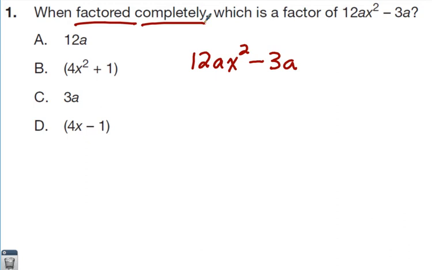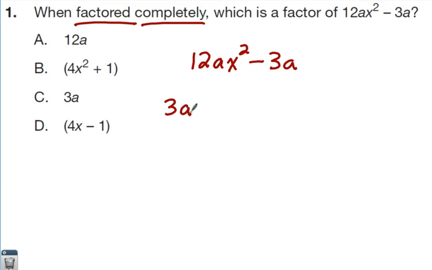So the first method that you should always try to do is factoring out a GCF, a greatest common factor. So 12ax squared and this negative 3a, the greatest factor that they both have, I would say, is that they both have a factor of 3a.